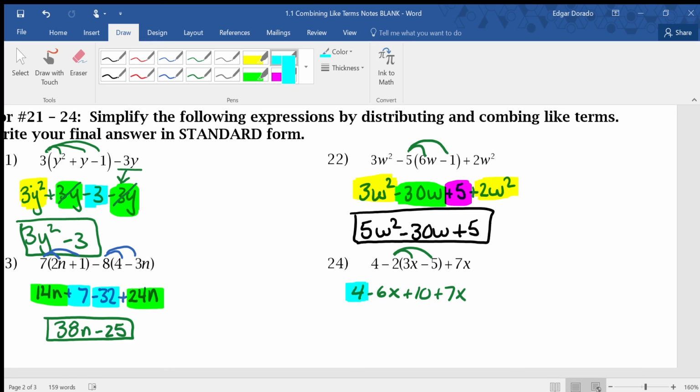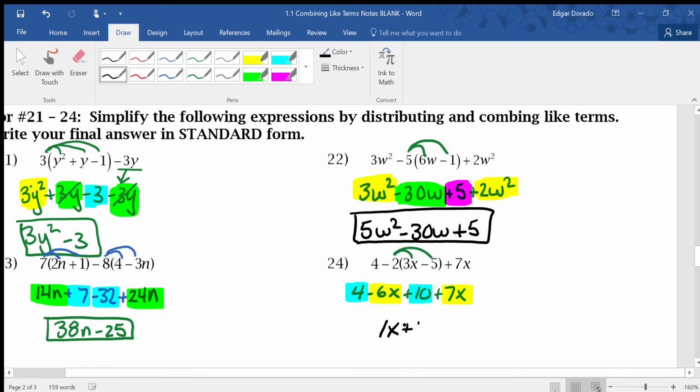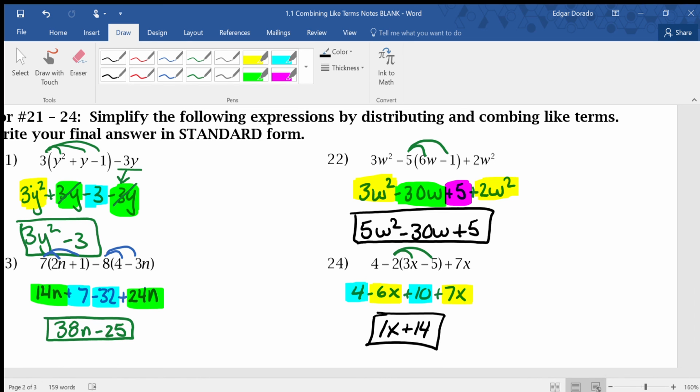So we have a constant here, and we have an x term here and an x term there. So let's combine that up. So negative 6 plus 7 is a positive 1x. 4 plus 10 is a positive 14.